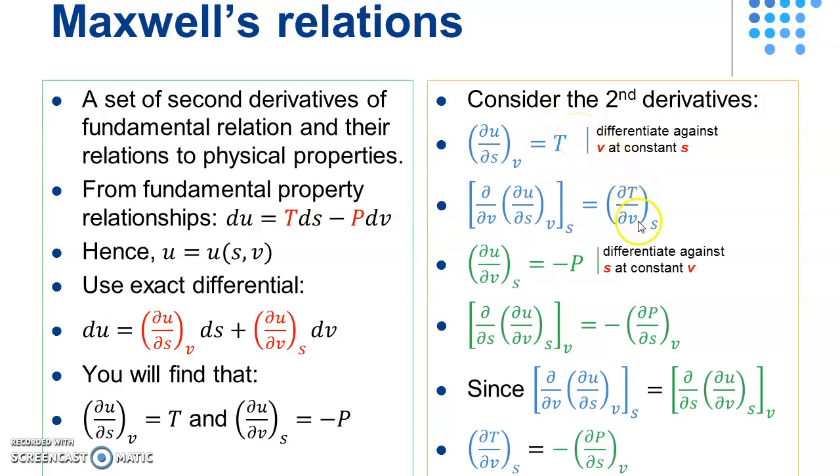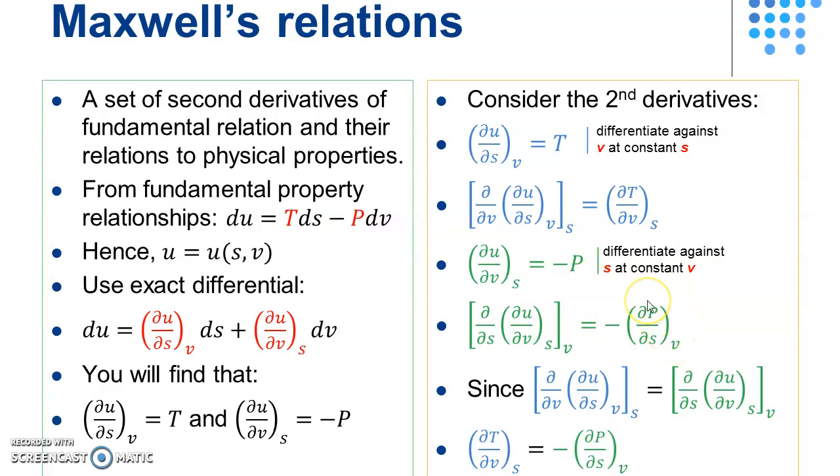Now you have partial T over partial V at constant S. Alright, so for this one, we differentiate against S at constant V. So what do I have now? I have this term, alright, being differentiated against S at constant V, and this term will be negative partial P over partial S at constant V.